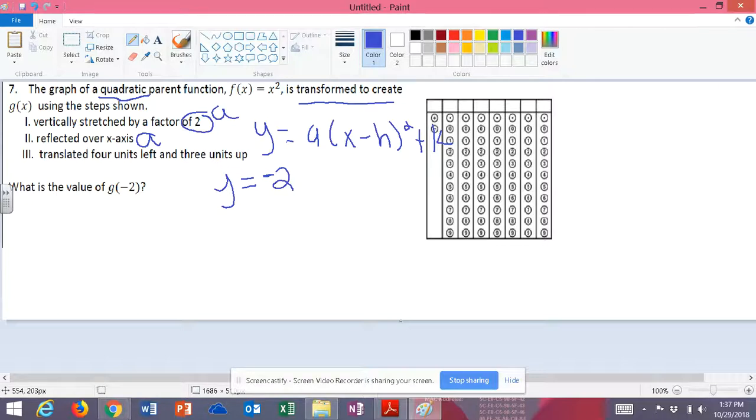The next step says that it's translated 4 units to the left. Okay, so 4 units to the left is a horizontal translation. And so because it's x minus h, that means we'll be moving in the negative direction 4. So x minus negative 4 is going to turn into plus 4. So my h is now going to be a negative 4, but that's going to simplify to plus 4.